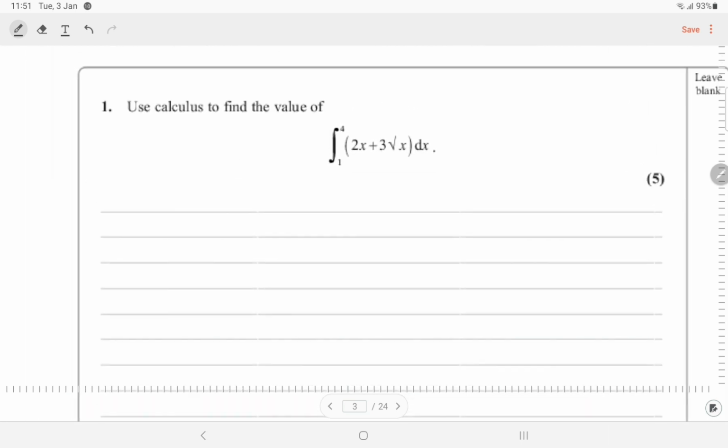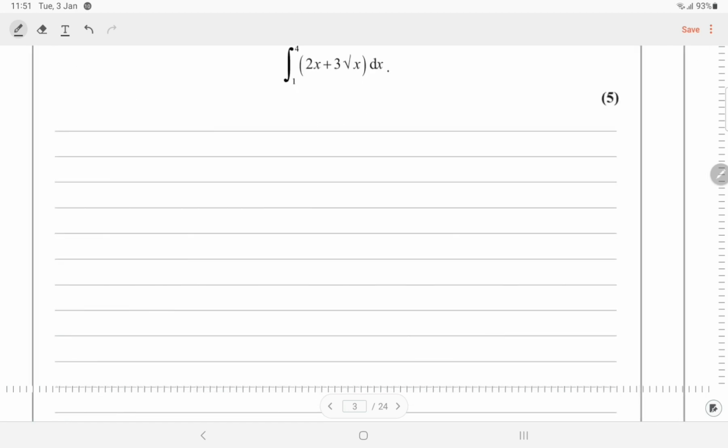Within this example itself, when we integrated, we got x squared plus 2 of x to the power 3 over 2, square bracket 4 and 1. So now we get plus c. Okay, let's put plus c there, 4 and 1.